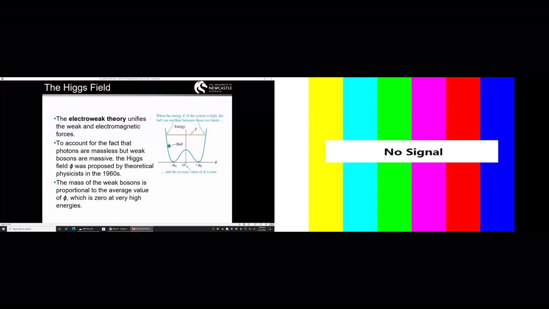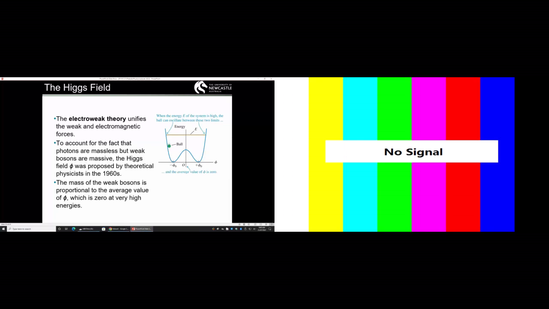So it was proposed that there was this Higgs field, and that the Higgs field was the thing that gave the bosons their mass in a way. To get the full picture, we would obviously need many, many more years of study.